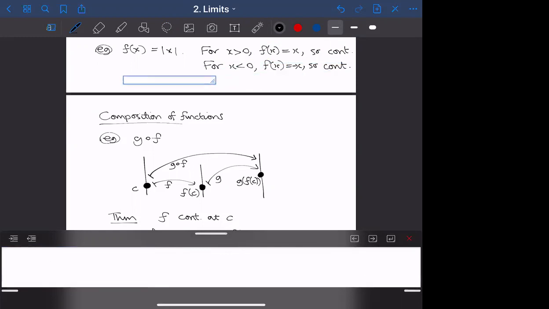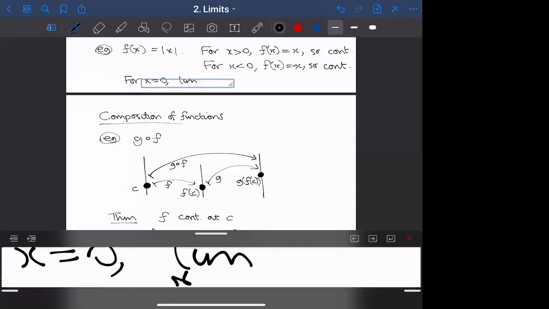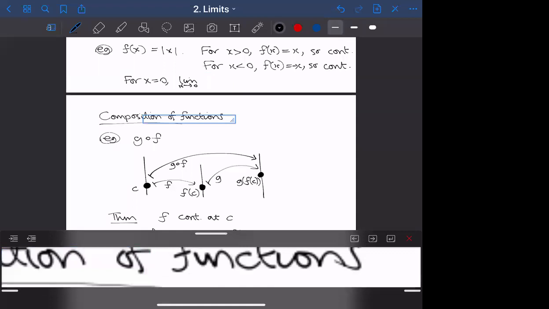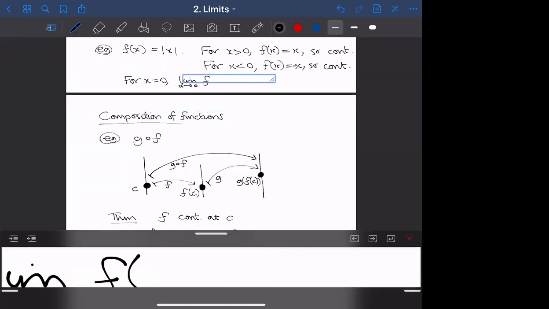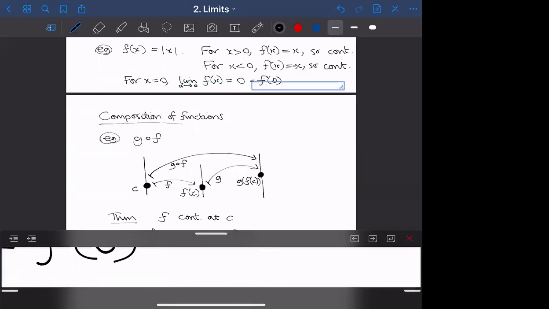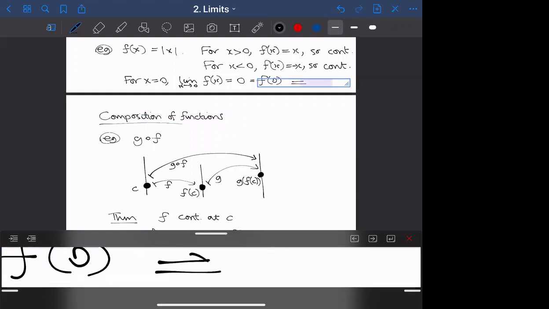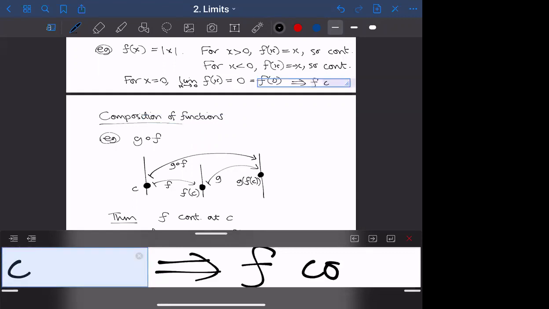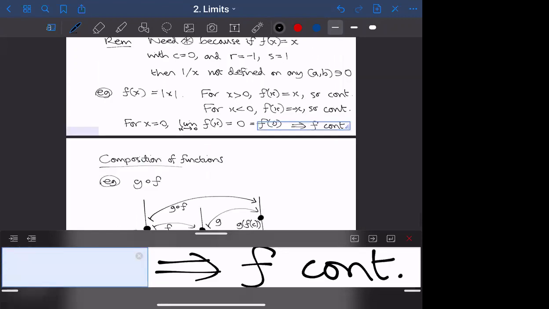And for x equals 0, the limit as x goes to 0 of f of x, we already said, equals 0, and that equals the value of f at 0. So we get that the function f is continuous.